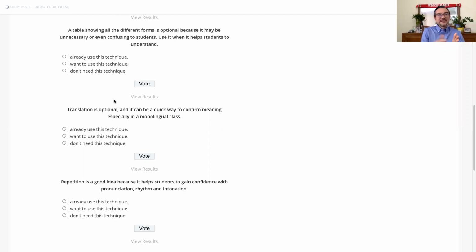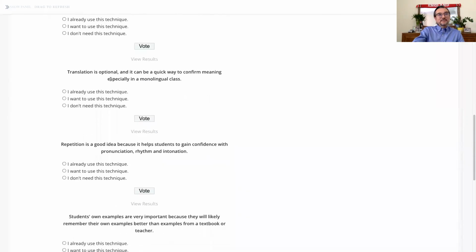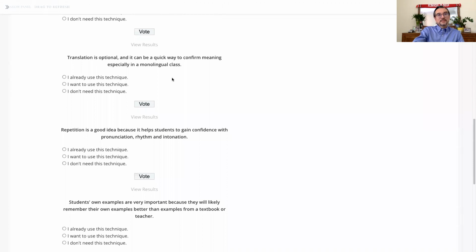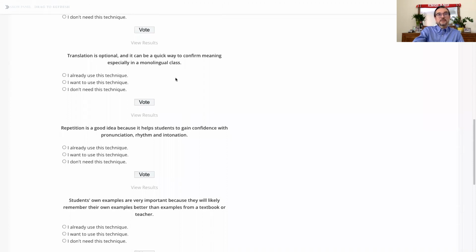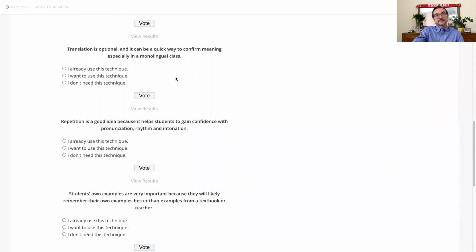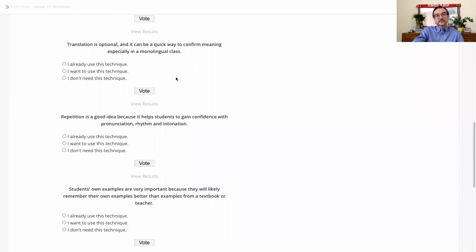Okay. We touched on this a bit earlier. Translation is optional, and it can be a quick way to confirm meaning, especially in a monolingual class. Over 90% of my teaching experience has been in a monolingual class with Japanese-only students, and so it's very easy and very quick to use it.